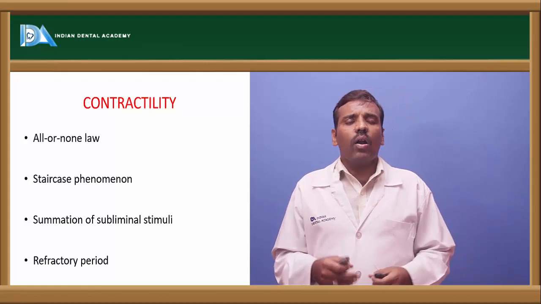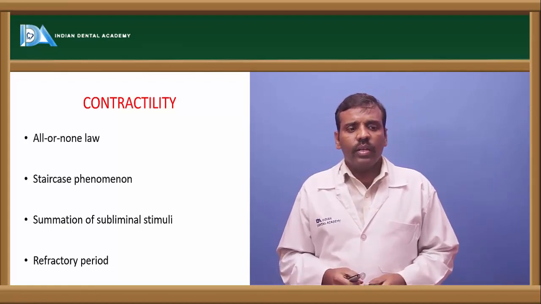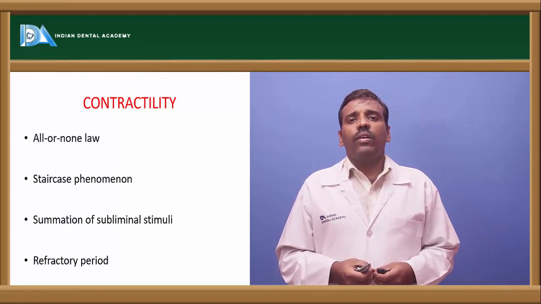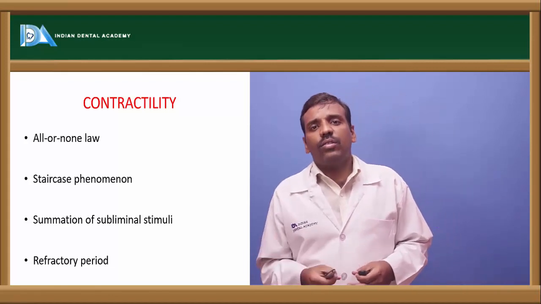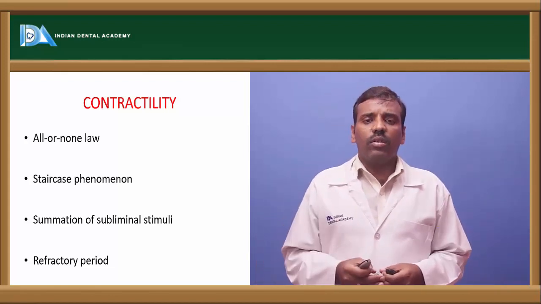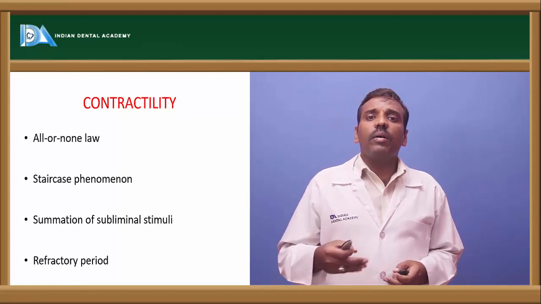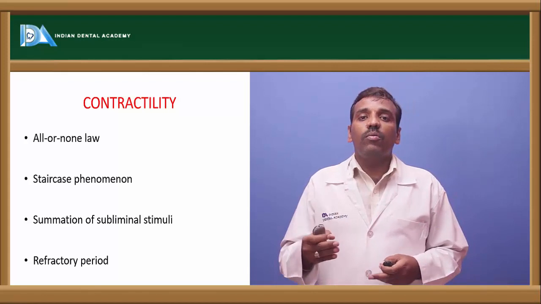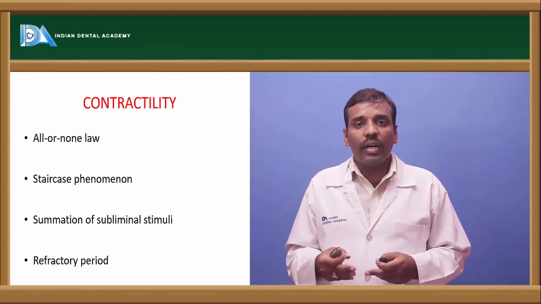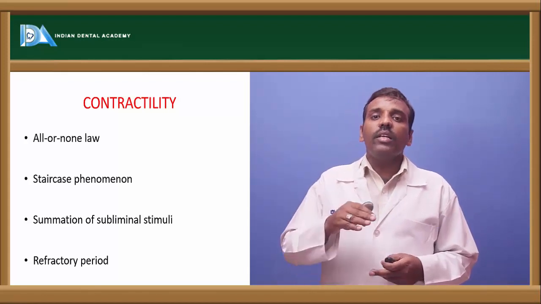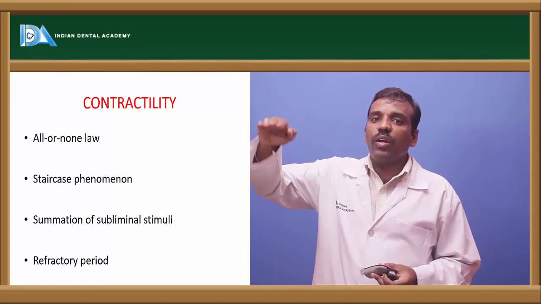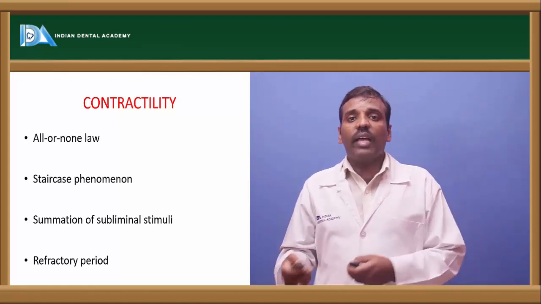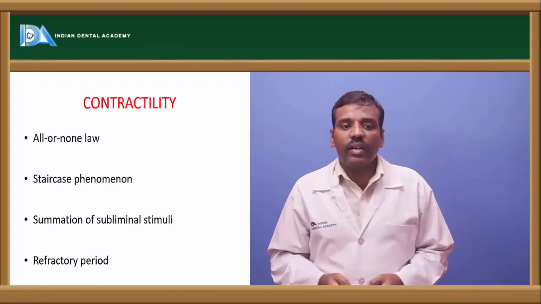And the next one is the staircase phenomenon. If there is an increase in the impulses, then the cardiac muscle shows a beneficial effect, like the staircase phenomenon, in the stimulus and the excitability and those types of contractions.